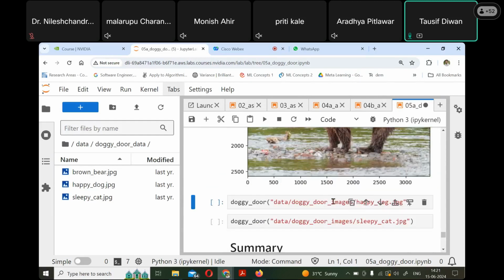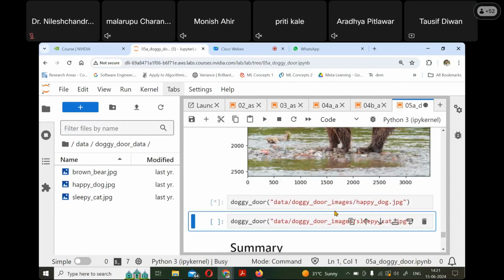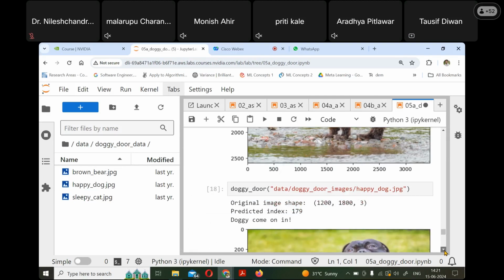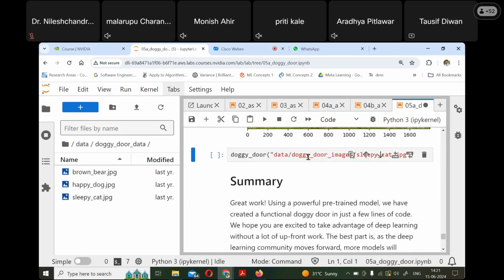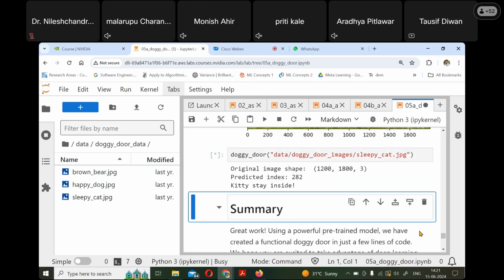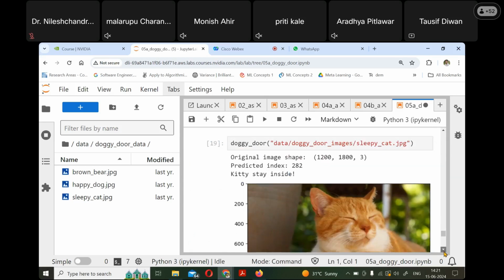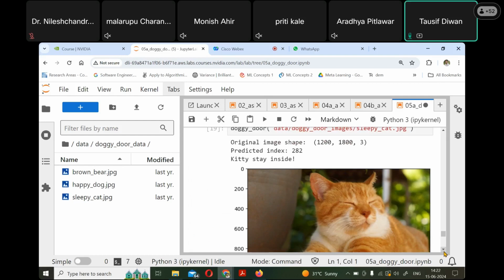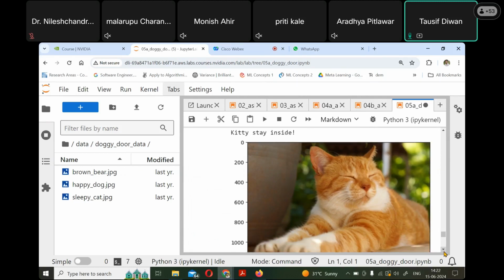Then next one is for this dog, and then last one is for cat. So this is the model which is differentiating dog versus cat. Actually, this model is not differentiating dog versus cat. It is predicting everything. We are just taking the output of those models and comparing it with the actual index.